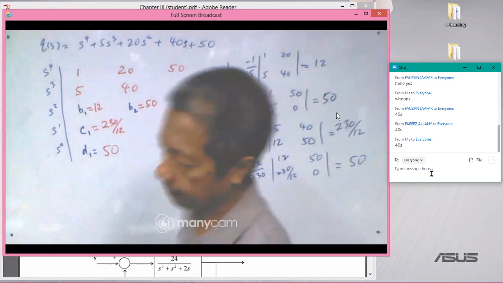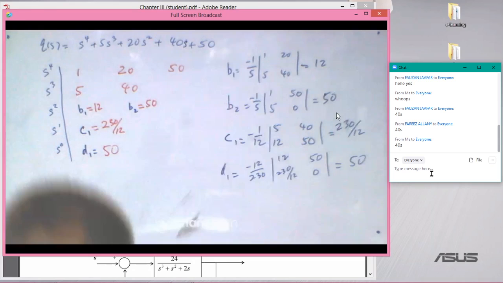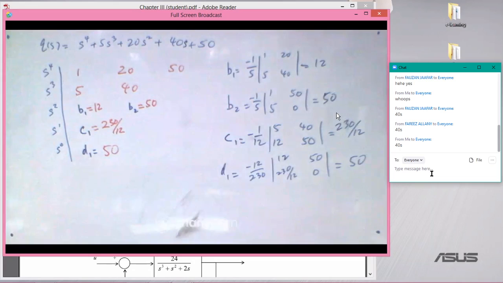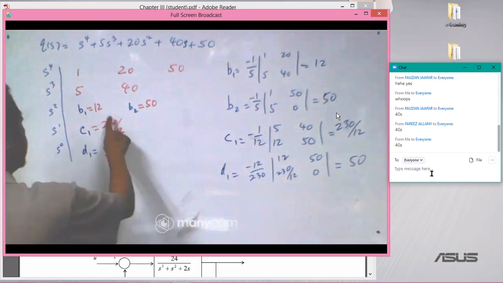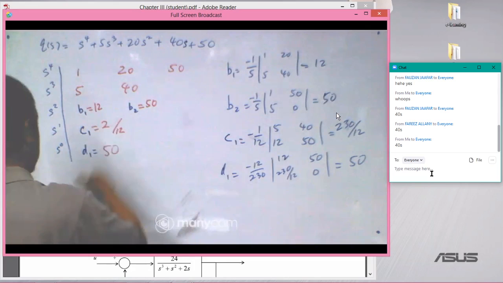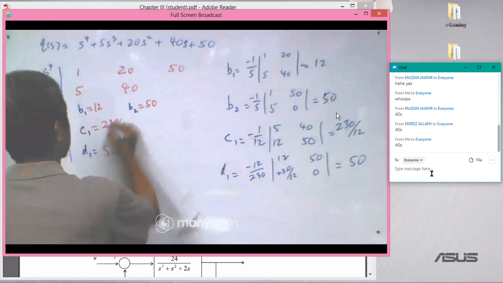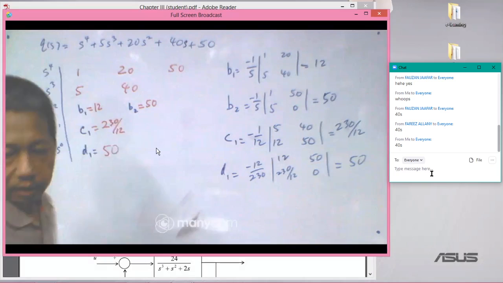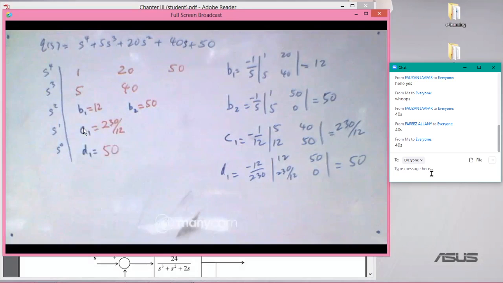Okay, so that's how you fill in the Routh table. To determine whether the system is stable or not, all you have to do is look at the elements in the first column. In the first column, you have 1, 5, 12, 230/12, and 50. All are positive.